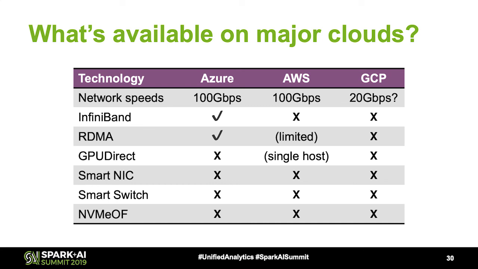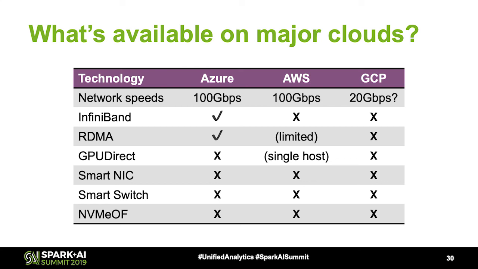Let's compare what's available today on major clouds. In terms of network speeds, 100 gig is available on Azure and AWS. GCP, as far as I could find, at least, is only 20 gig. InfiniBand is already available on Azure, as well as RDMA. There is a small subset of RDMA operations which is supported in AWS, but it's quite limited.